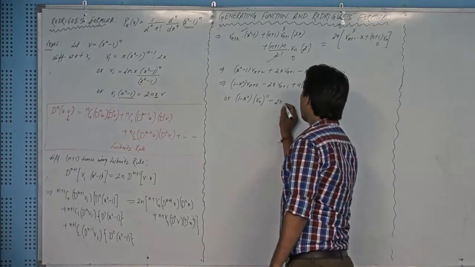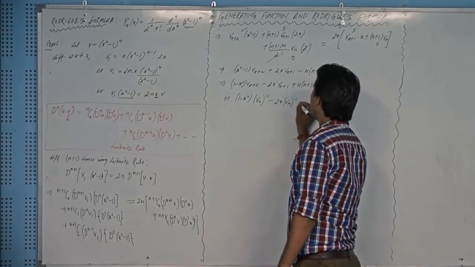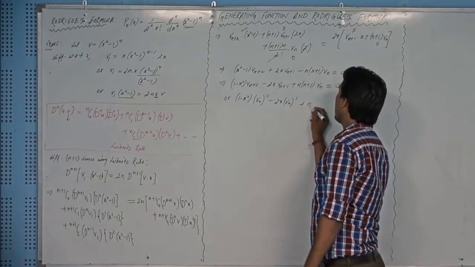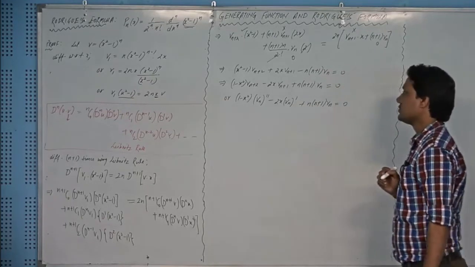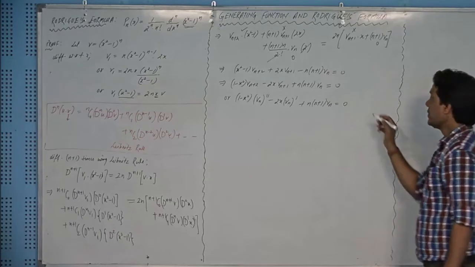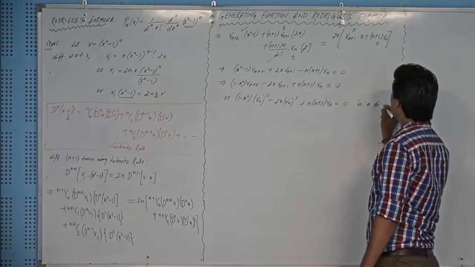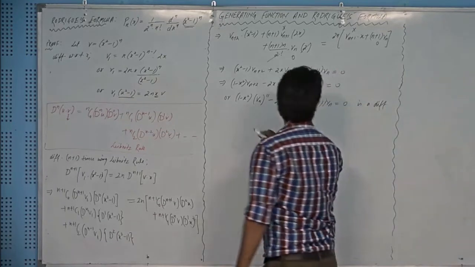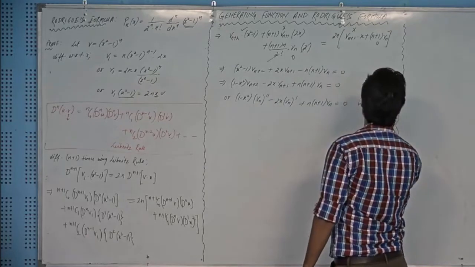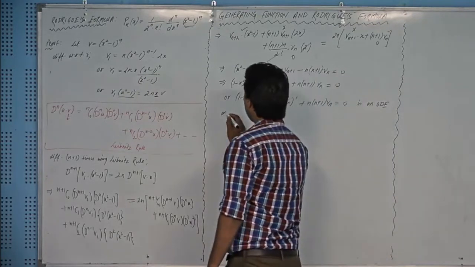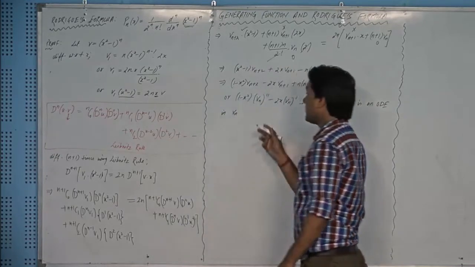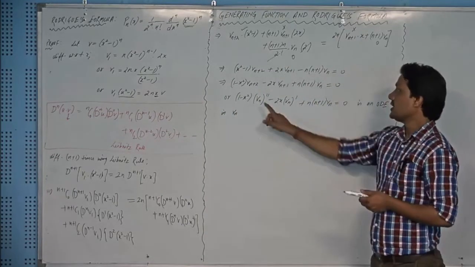Similarly, minus 2x v_n differentiated once, plus n(n plus 1) v_n equal to 0, right? So it is an ODE, ordinary differential equation, in v_n.